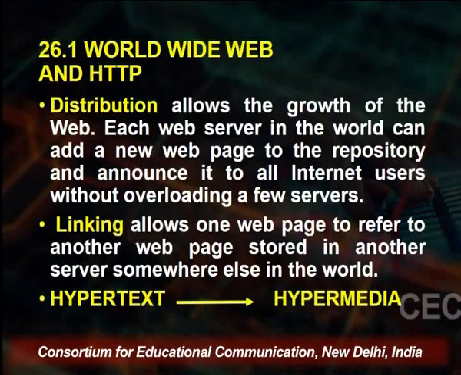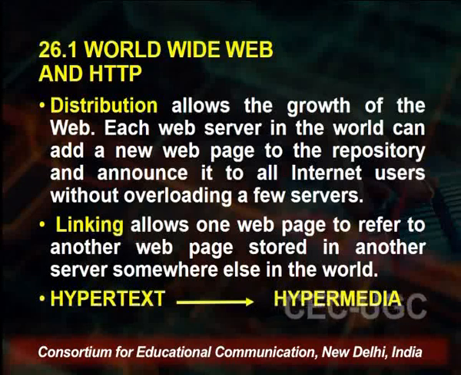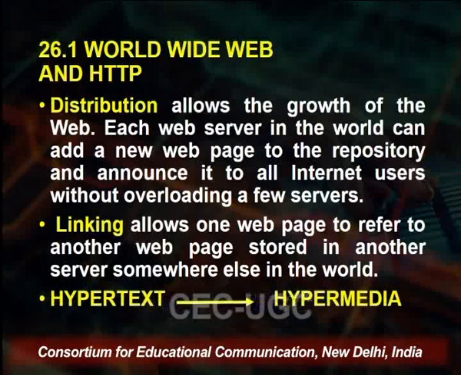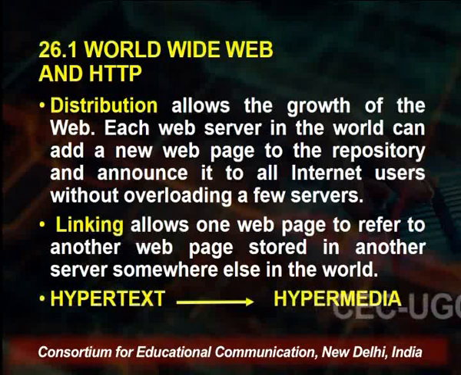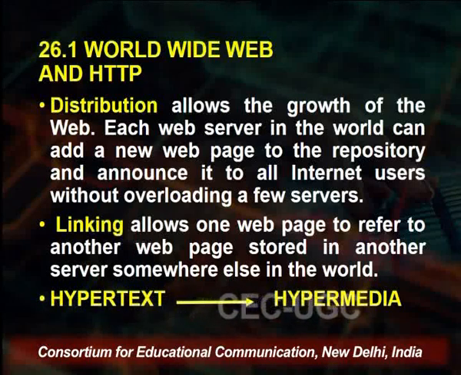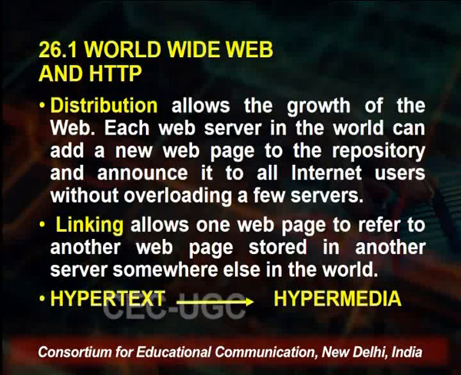Because of this distribution, the growth of the web is allowed, because each server of the world can add new pages to the repository, and once a new page is added, the server will announce it to the internet users that a new page has been added. So there are thousands of web servers across the globe, but this distribution will make the same page available across the servers, and therefore there will be no problem of overloading of web pages.